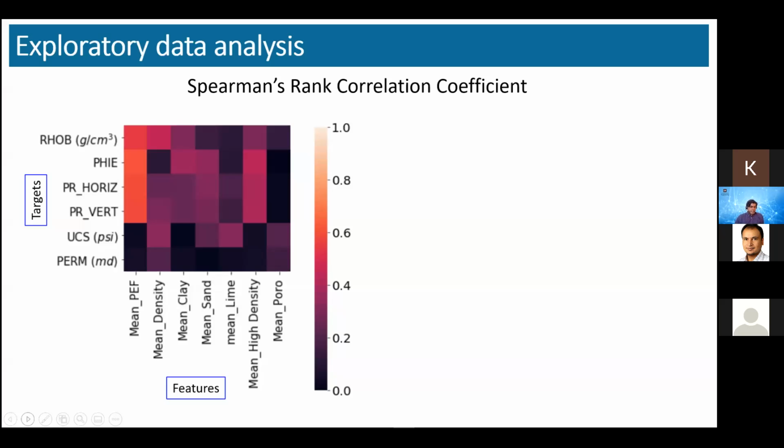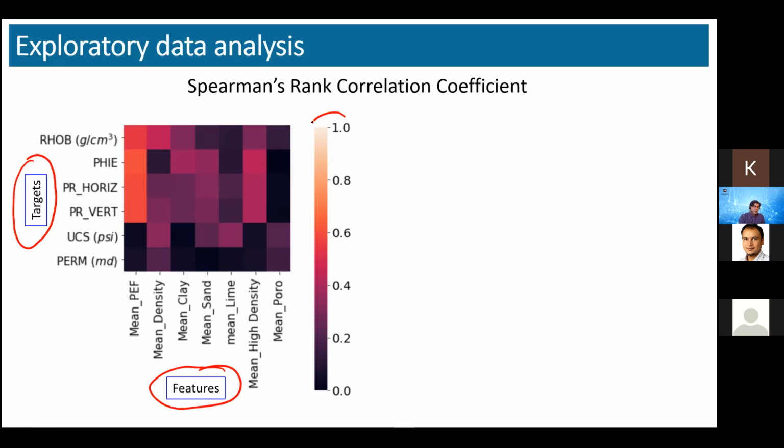The first thing is perform exploratory data analysis. There are a lot of different ways in which you can perform exploratory data analysis. What you see here is one example of exploratory data analysis where we are looking at the relationship between the targets and the features.